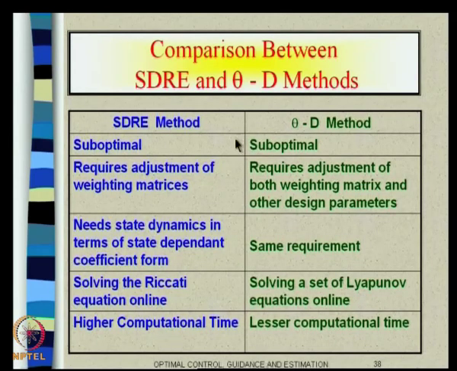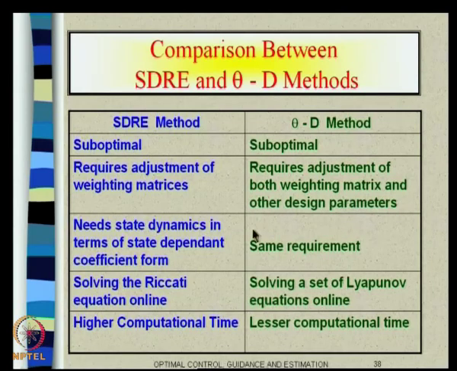So, in summary, there is a small comparison that you can think about. On one hand we have the SDRE method, on the other hand the theta-D method. Both are applicable for control affine systems only, don't forget that, and both lead to suboptimal solutions, okay. Both require adjustment of the weighting matrices Q of x and R of x, but the theta-D method also requires other design parameters.